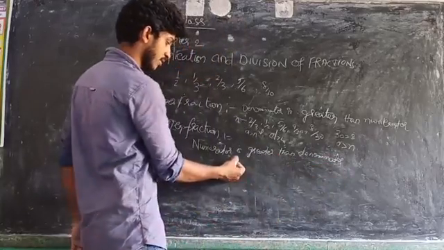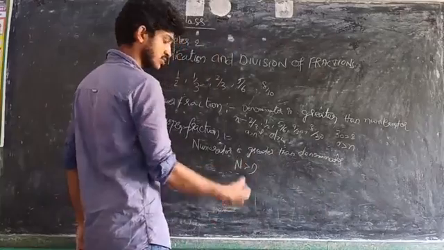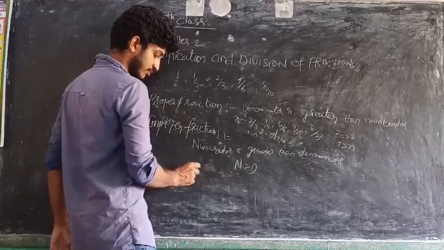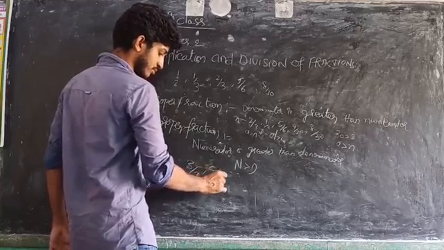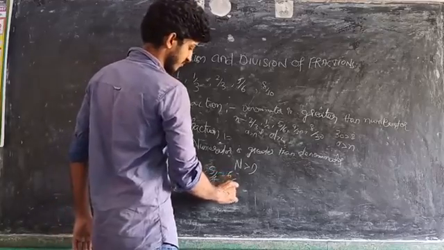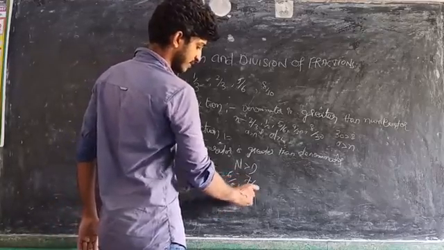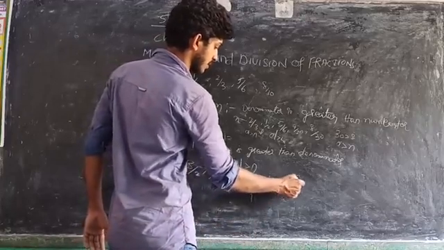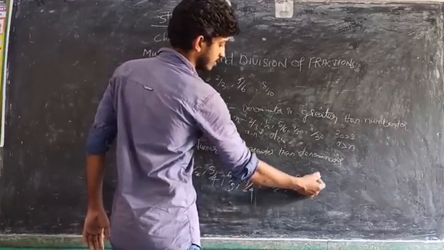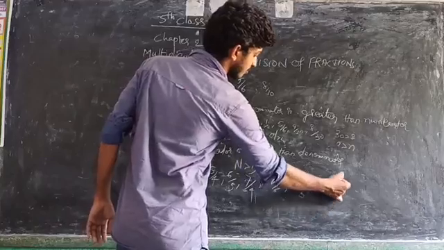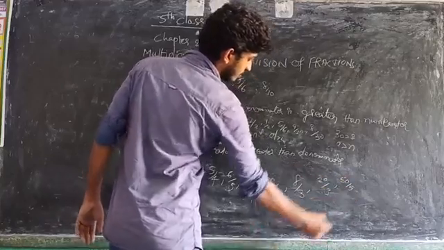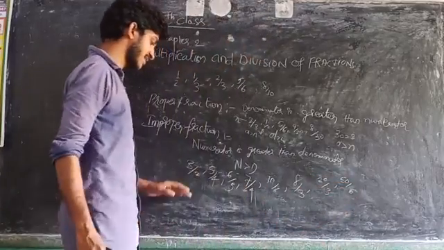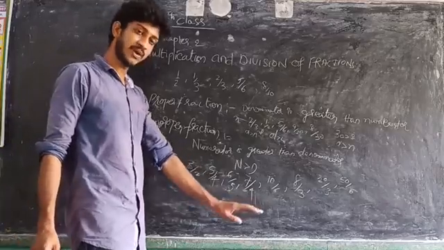So some examples of this are 3 by 2, 5 by 4, 6 by 5, 7 by 4, 10 by 6, 8 by 3, 20 by 3, 50 by 5, 50 by 6, like that. These are the examples of improper fractions.